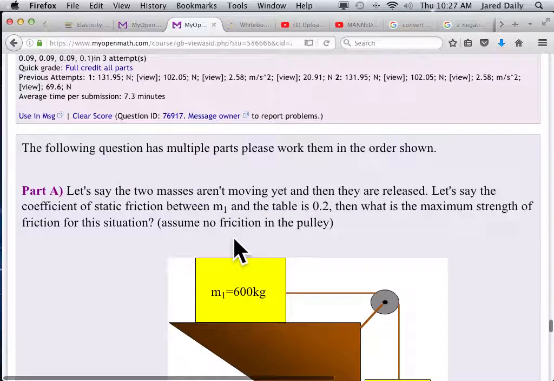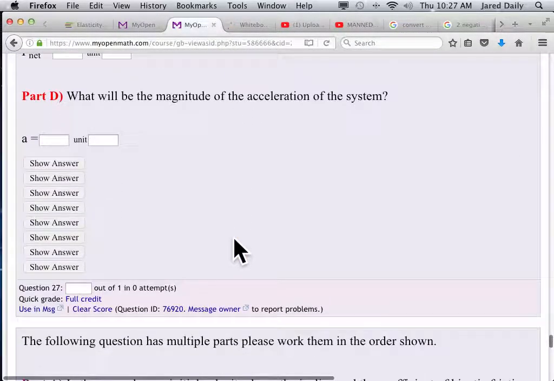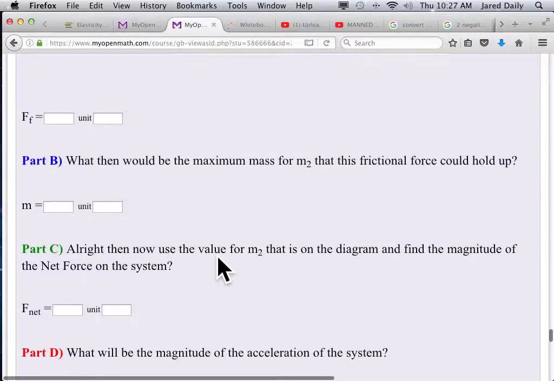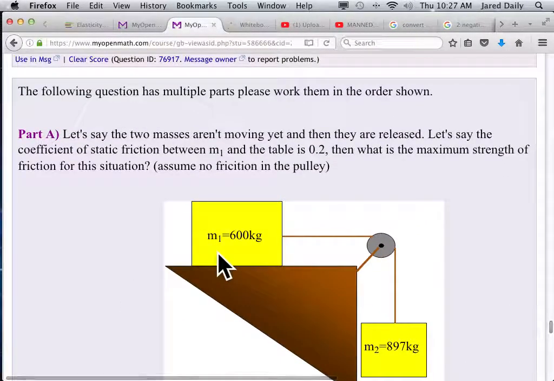Okay. So what did we want to do next? 27. Is that just the next one? It is. Okay. They're not moving yet again. Okay, so they might move, right? Let's say this coefficient of static friction is 0.2.